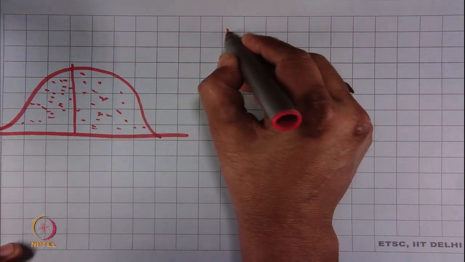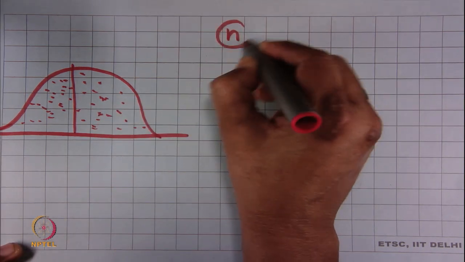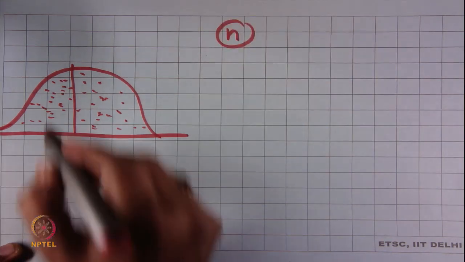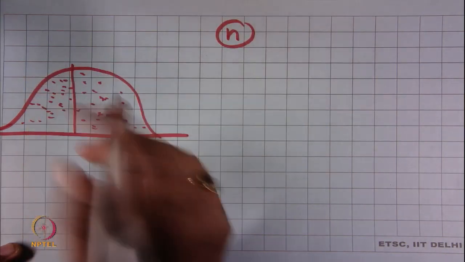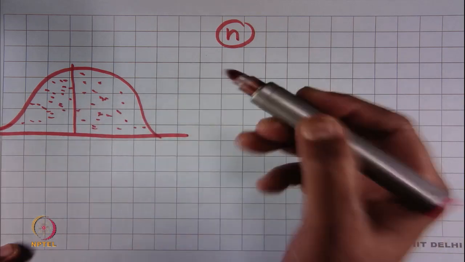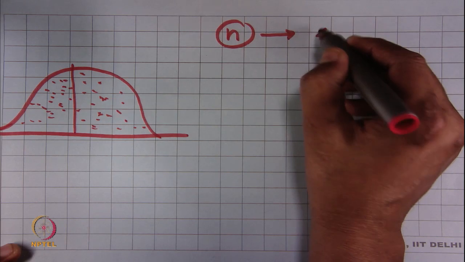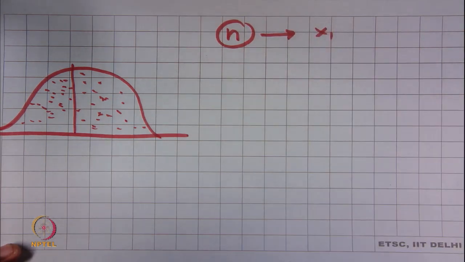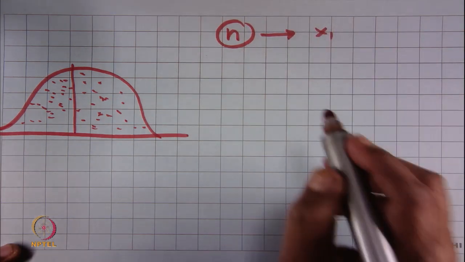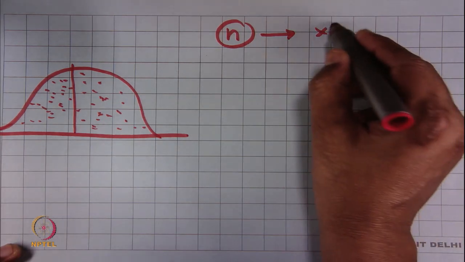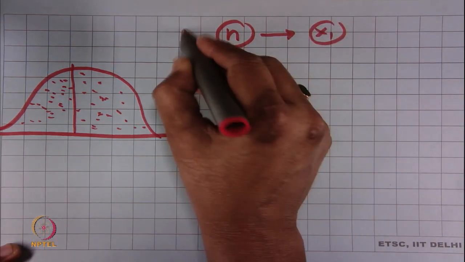For each sample we take n data. Suppose first we pick n data from the population, and from them we get a mean value, x1. x1 is the mean of the first sample.